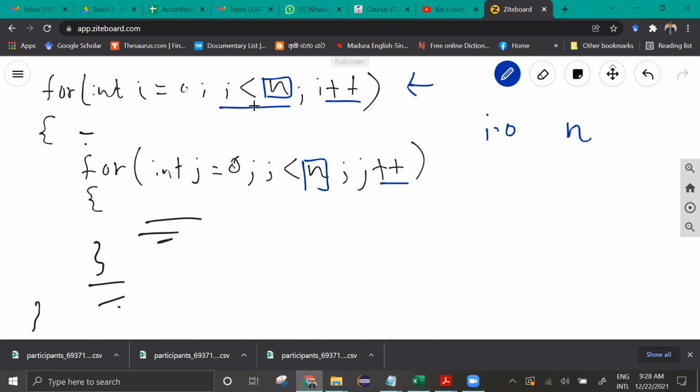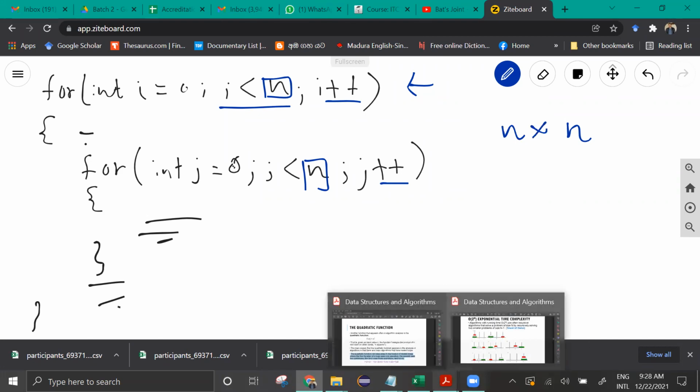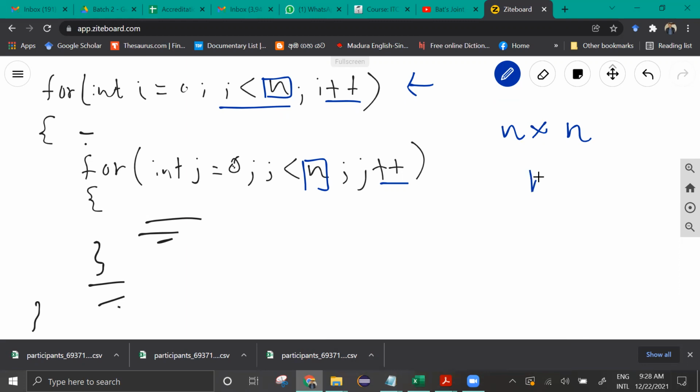Then similarly, i iterates N times. Each time it is iterating N. So how many iterations? N multiplied by N, N squared. So that's why it is big O N squared.